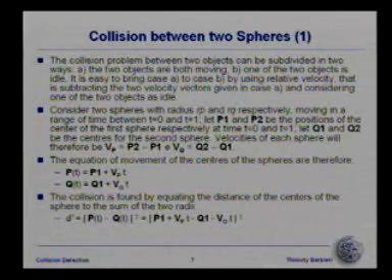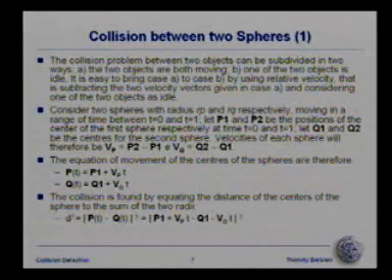This allows us to derive a linear velocity vector, as we did in the environmental case. Likewise, Q1 and Q2 are the centers of the second sphere. Therefore, the velocities for the two spheres will be Vp and Vq. Those are the two linear equations of the centers of the spheres using the velocity vectors.